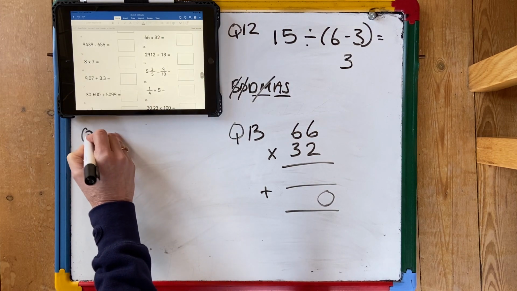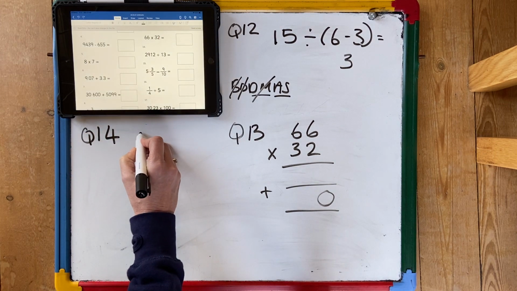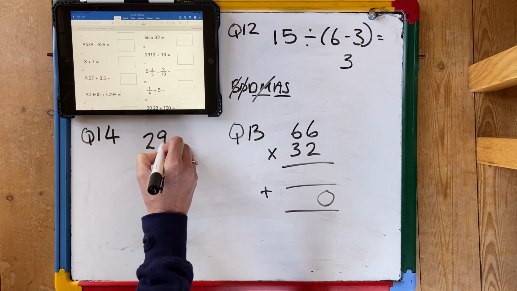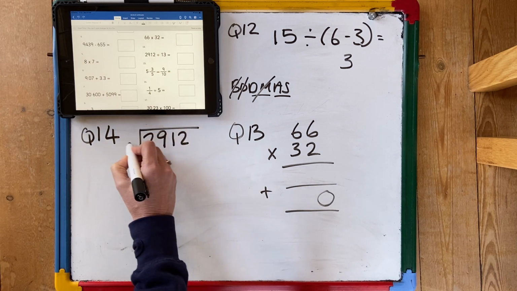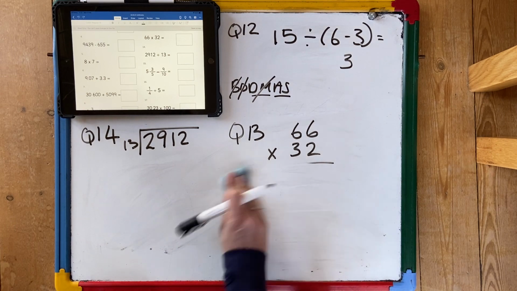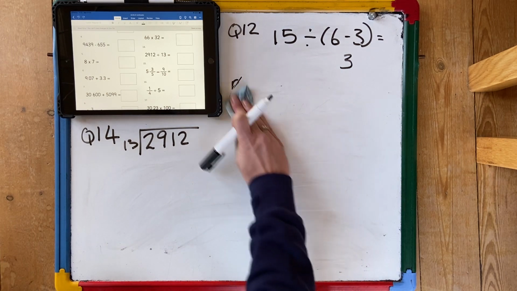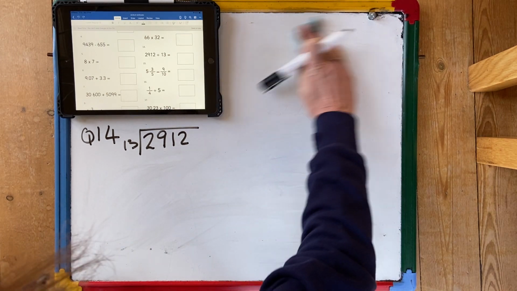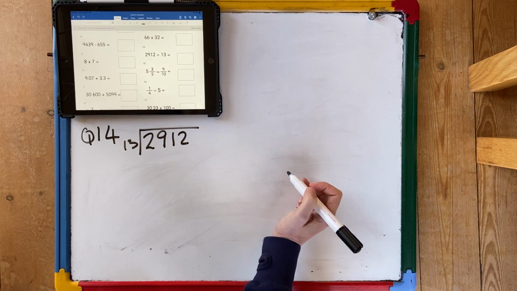Question 14. 2,912 divided by 13. So how many chunks of 13 are there in 2,912? So before we do that, we need to do our starburst.